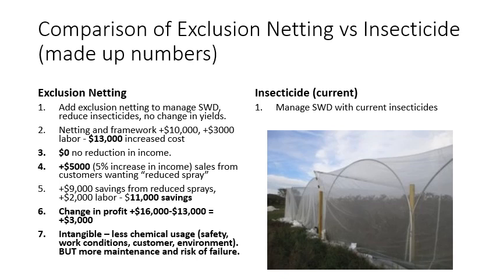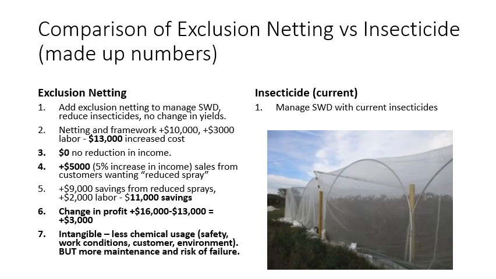But I am assuming an increase in income because I've got some customers who want reduced spray berries. And I'm also assuming an $11,000 savings from the reduced sprays, from the labor and the chemicals that I don't have to buy. And so my overall change in profit for this case is $3,000 positively. So it's favoring exclusion netting.